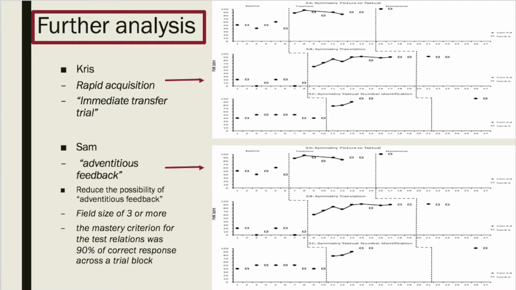In addition, the mastery criterion for the test relations was 80% correct responding across the trial blocks, which ensures greater experimental control and makes it less likely that the transfer performance was related to that indirect feedback or just your basic testing exposures.